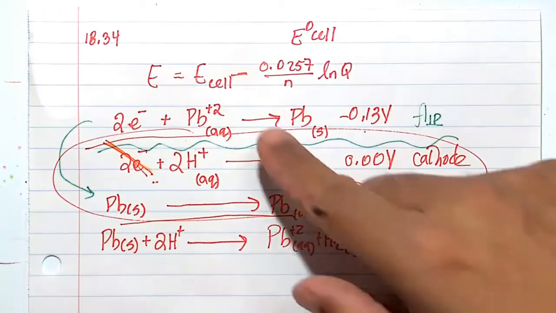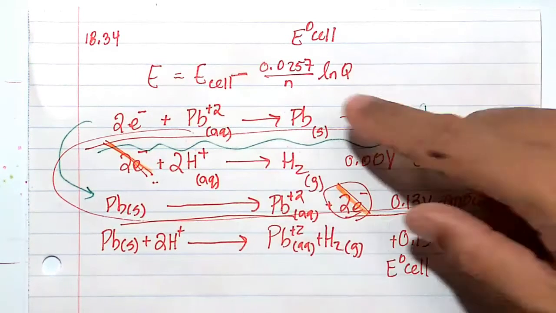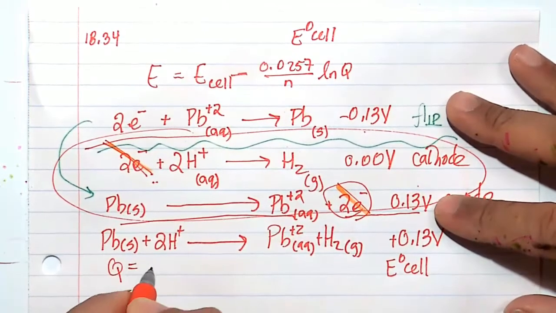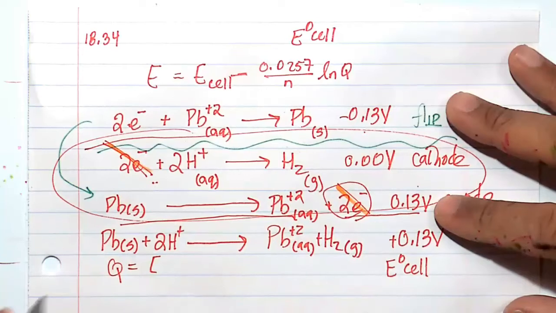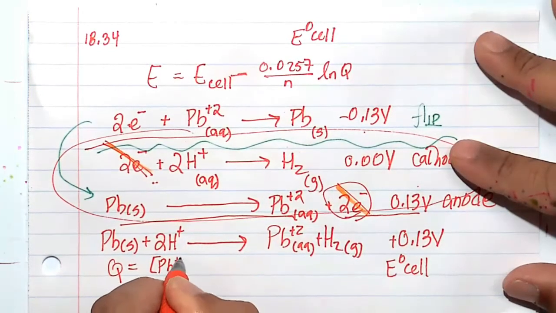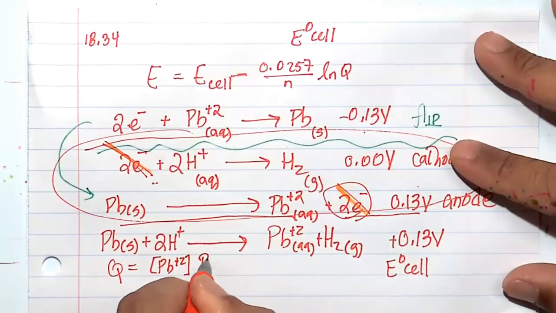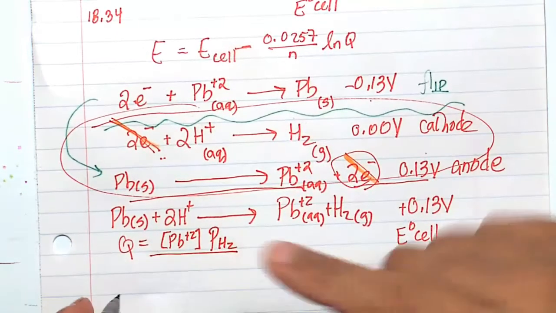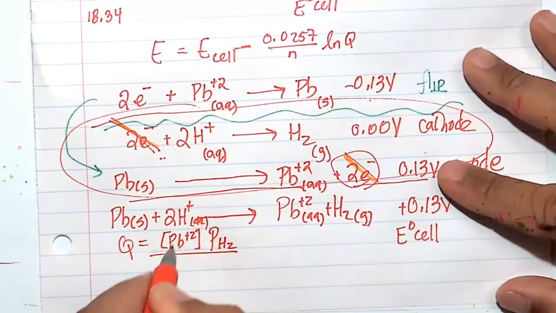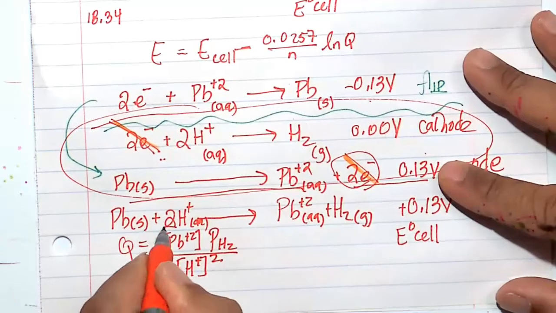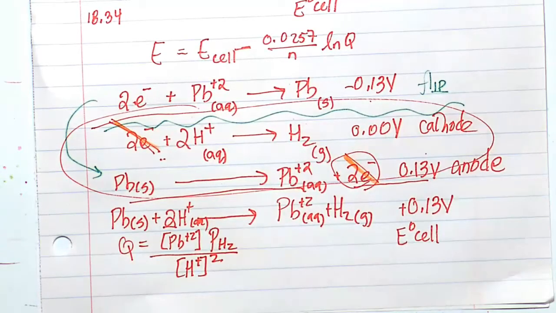But what we want is E at very specific concentrations. So we figure out Q, we compare it to K, so it has the same equation as K. It's going to be the concentration of lead 2+ times the pressure of H2 gas divided by the concentration of H+, and we have to square it, because there are 2 hydrogen ions there.